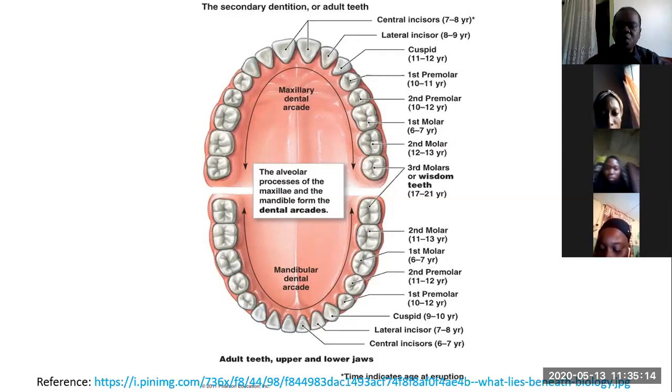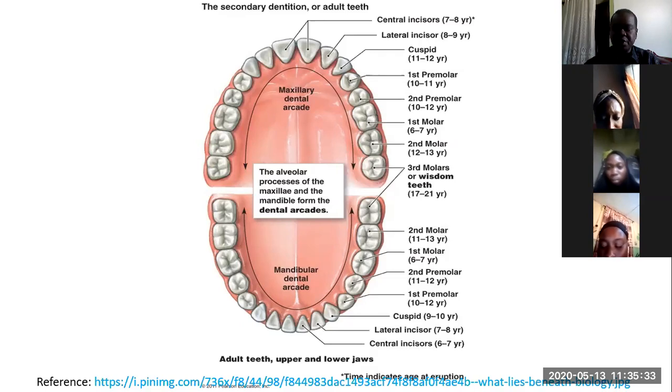If you look at the upper and lower teeth, you discover that the upper teeth are usually bigger than the lower. That is when you look at the anterior. The anterior teeth of the upper are usually bigger than those of the lower.